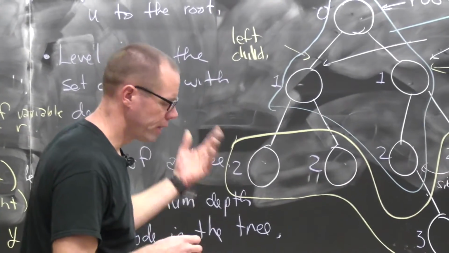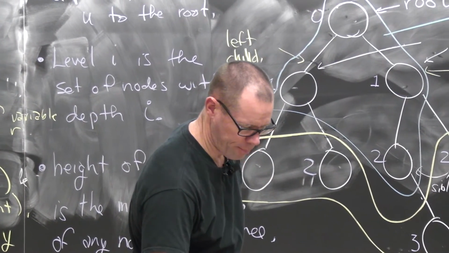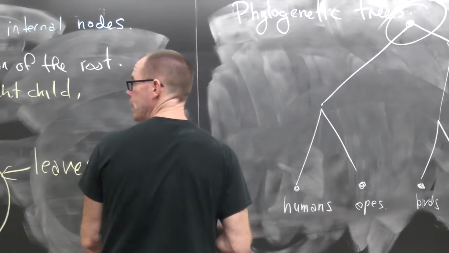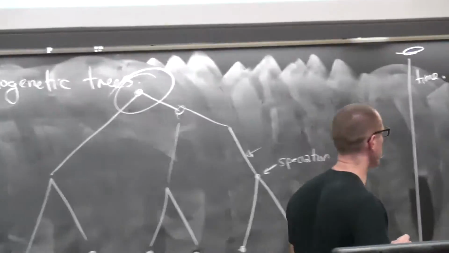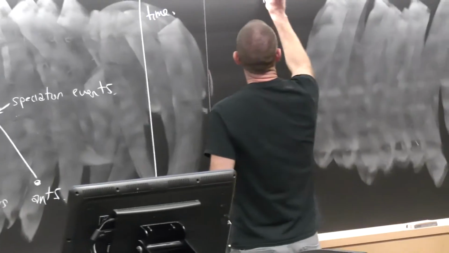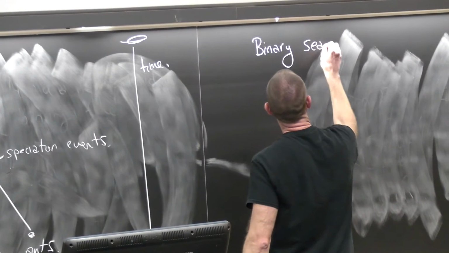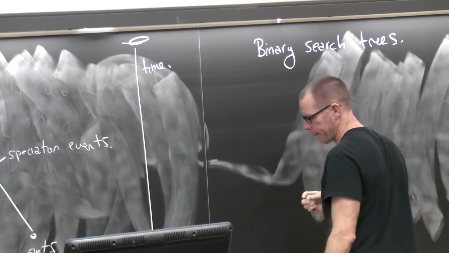So that's an application outside of computer science. And the one that we're going to be most interested in, focusing on the most in this course, is binary search trees. Okay.